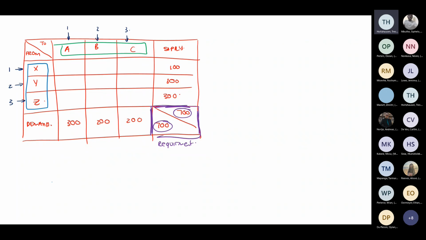These are your column numbers, and your row numbers are the ones down here, because remember, it's representing in that direction. So we have X11, X12, X13, X21, X22, X23, and X31, X32, X33.